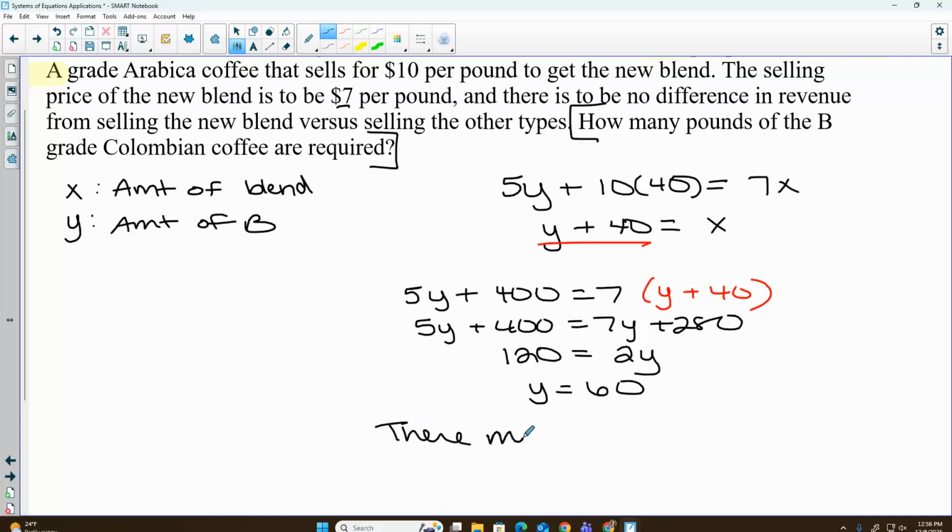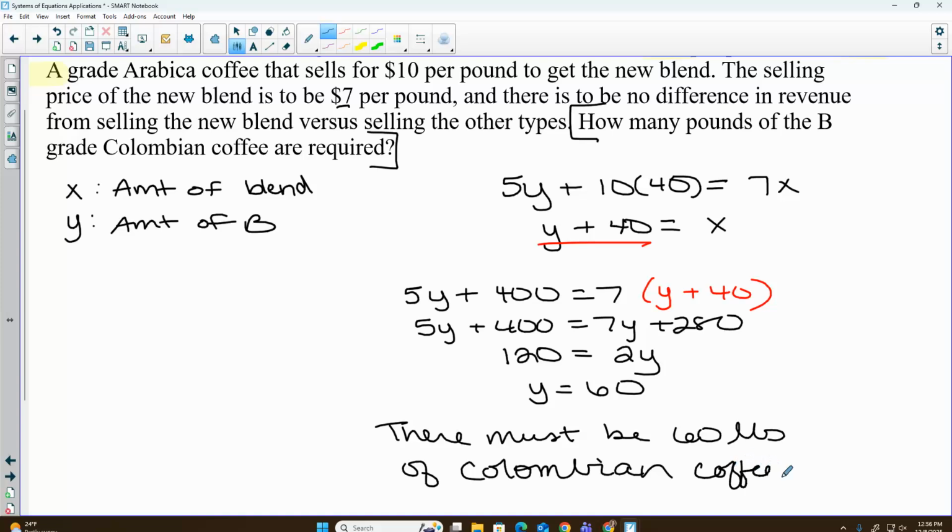So there must be 60 pounds of the B grade Colombian coffee. Any questions there?